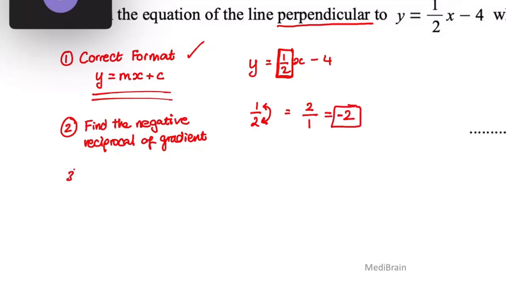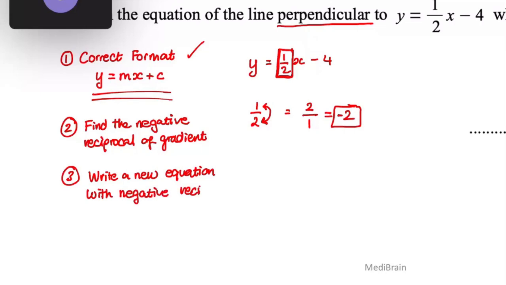Step 3 is you're going to write a new equation with the negative reciprocal. Okay, so the negative reciprocal is minus 2.